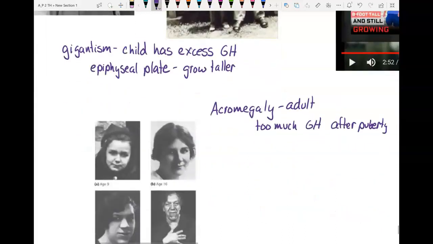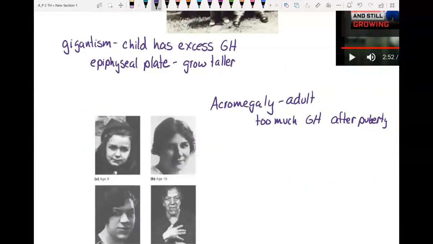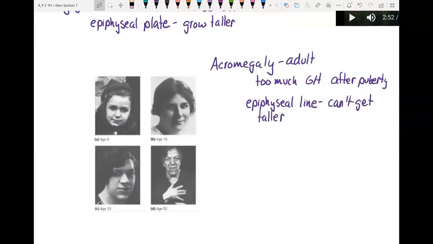After puberty, your epiphyseal plates close, so you have an epiphyseal line. So you can't get taller. Instead, the bones get wider.